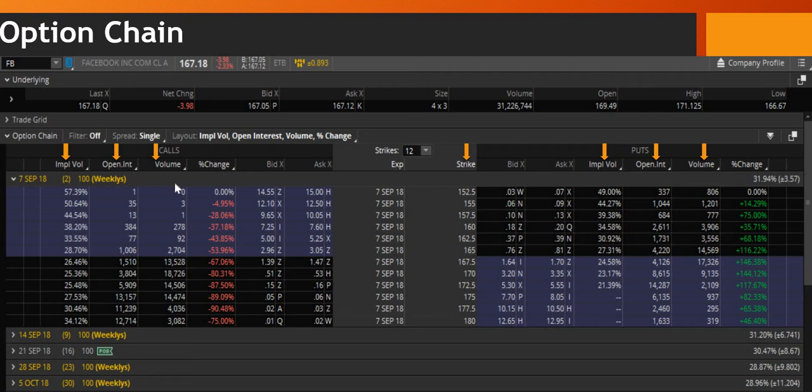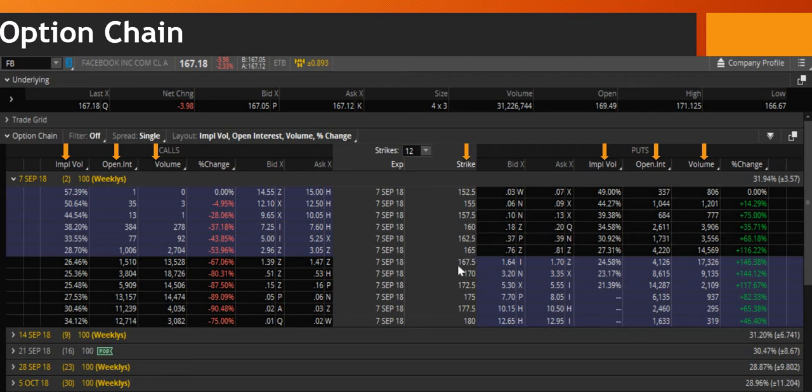Now the blue shaded area, these are actually the options that are already in the money. And what that means is that the strike prices have already been hit. So you can see that the current stock price is at $167.18. 165 has already been passed, which puts this option contract in the money.